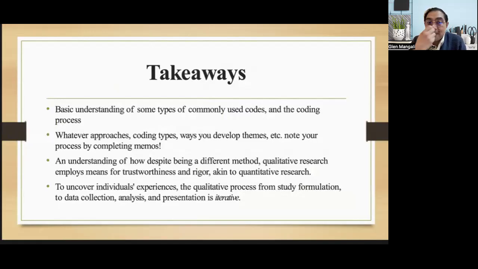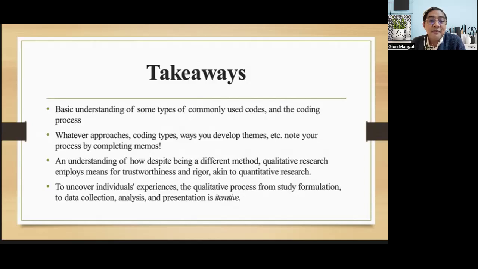Next, an understanding of how, despite being a different method, qualitative research employs means of trustworthiness and rigor, akin to quantitative research. So although qualitative has a very high level of subjectivity, we need to ensure that it is also equated to quantitative research, which is highly quantifiable. Hence, we are ensuring the reliability and validity of the result.